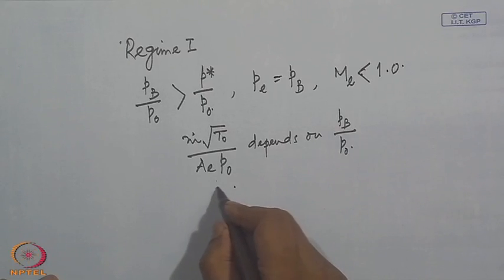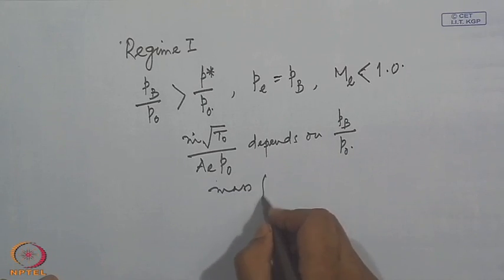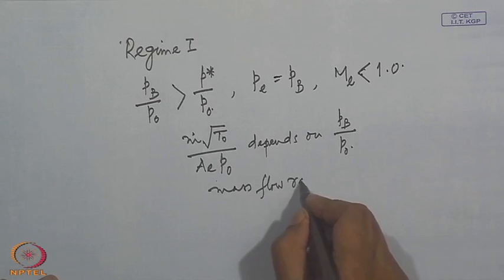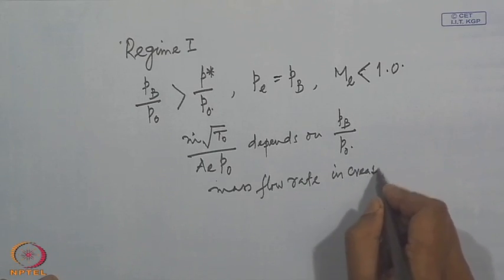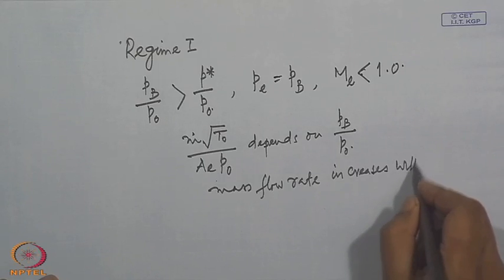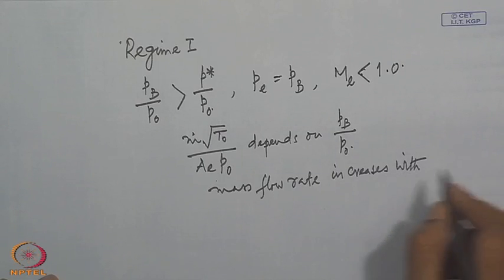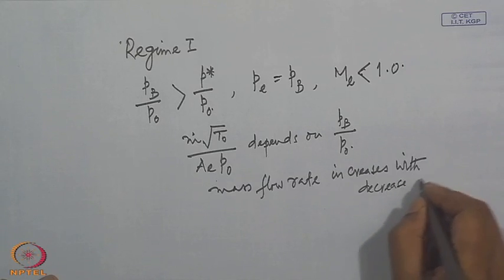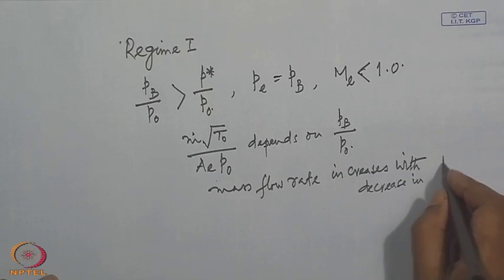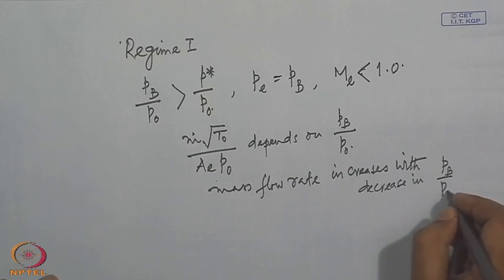Eventually, this mass flow rate increases with decrease in P b by P 0.